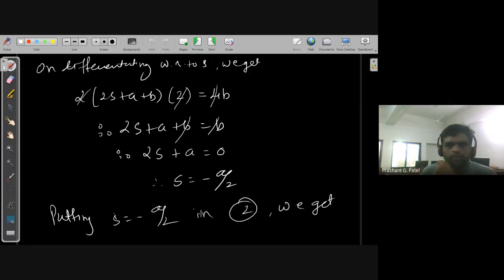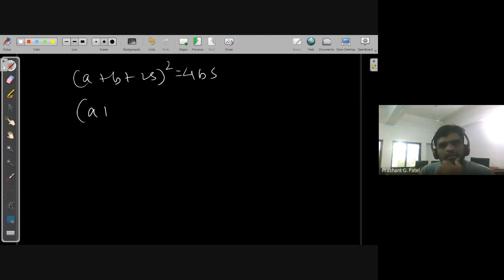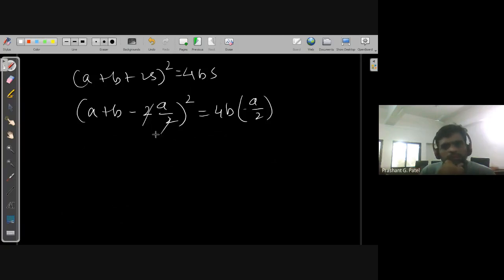Here we have to substitute minus A by 2 instead of S. So it is (A plus B minus 2 into A by 2) whole square is equal to 4B into minus A by 2. This 2 is cancelled out and A is also cancelled.